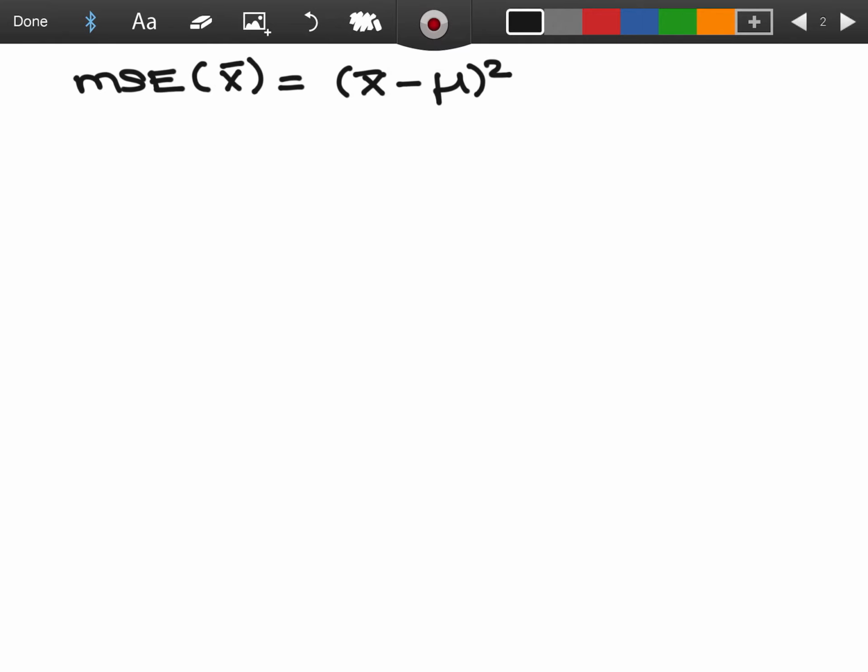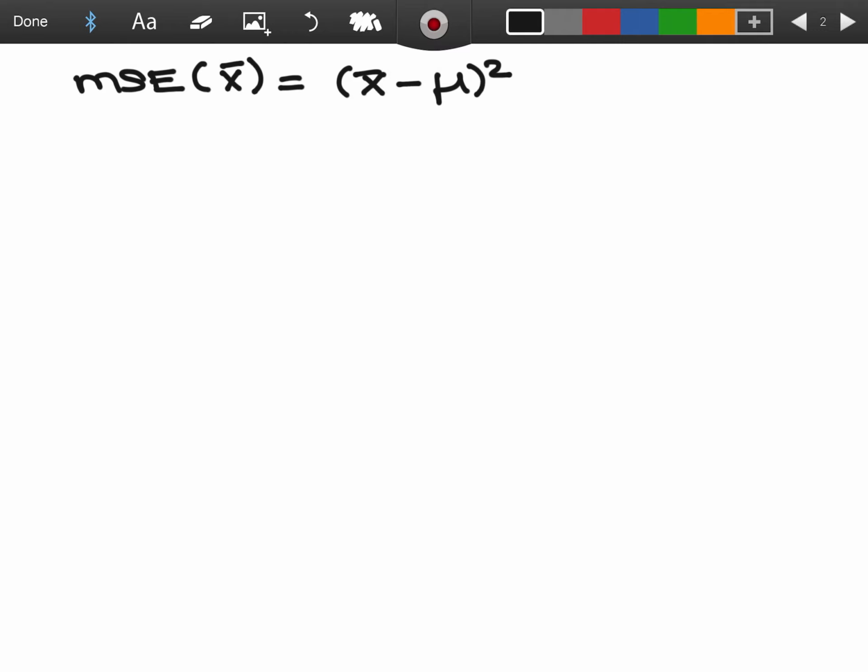So we are looking at the error between your point estimator and the population parameter that it is estimating. So in this case, the difference between the sample mean and the population mean, and we are squaring it to make it a positive distance. So all the mean squared error does is it looks at how much of an error that you have distance-wise.